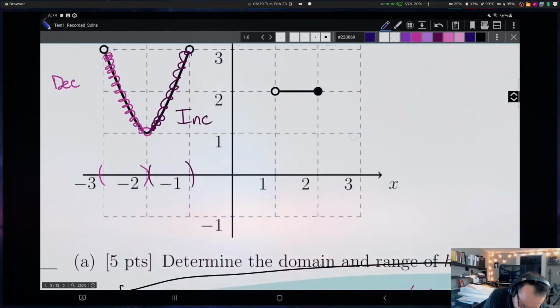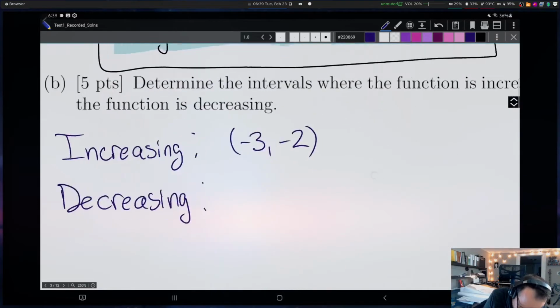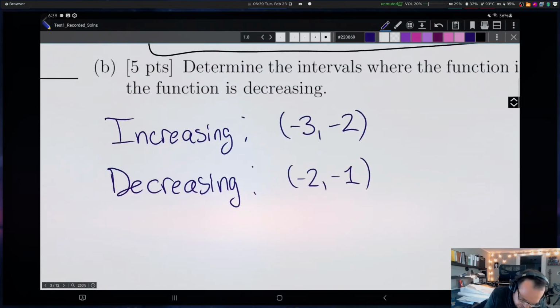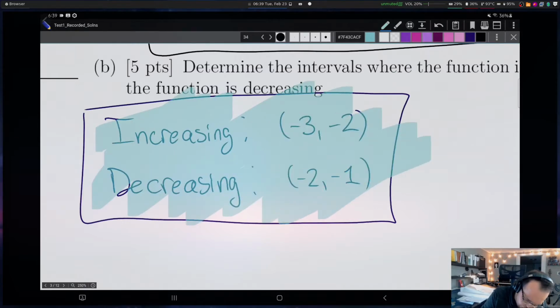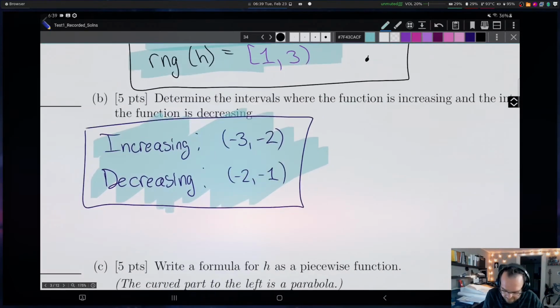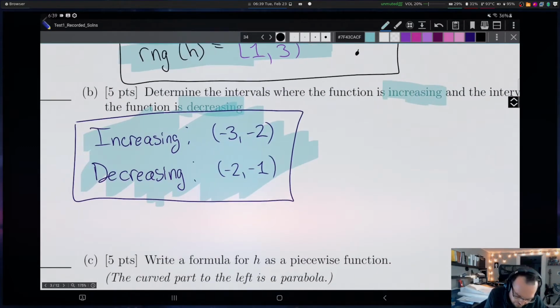If I go back up to the picture, that was this one here, which was -2 to -1. And that's exactly what they asked, and I provided an answer, so I'll box it and highlight it, and double check, have we actually answered the question? Yes, they asked about where it was increasing and decreasing, and we provided some intervals that say that.